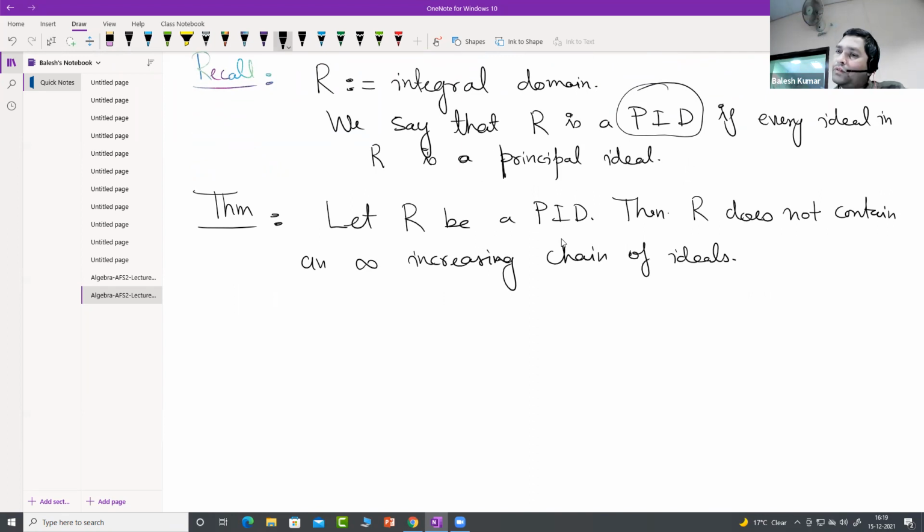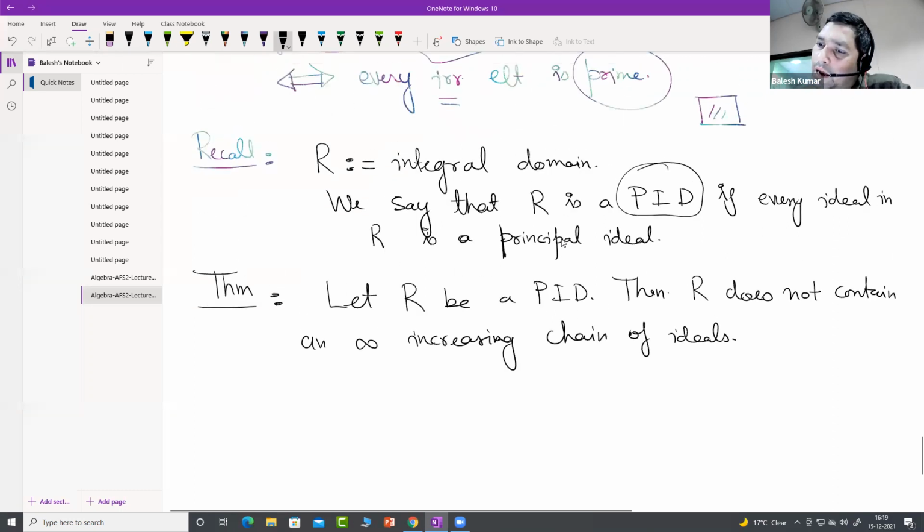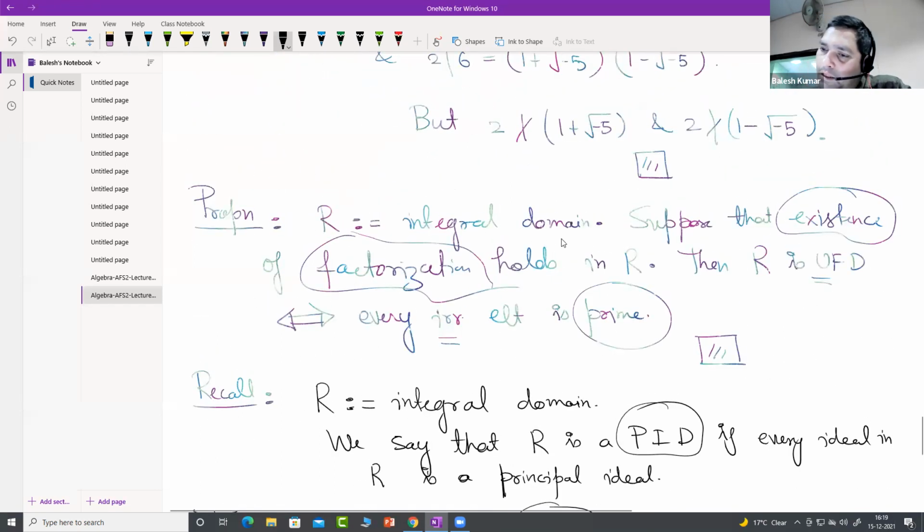Now the question is what about the irreducible elements? I think it is again a question in the tutorial that inside a principal ideal domain every irreducible element is a prime element. Therefore, if you combine this theorem with that fact, then every principal ideal domain is a unique factorization domain.